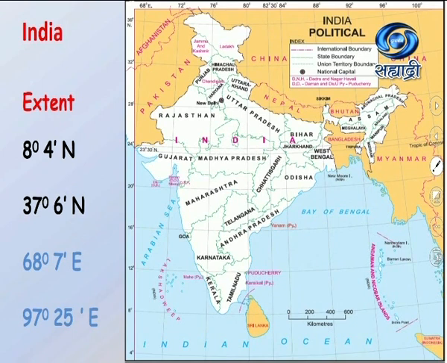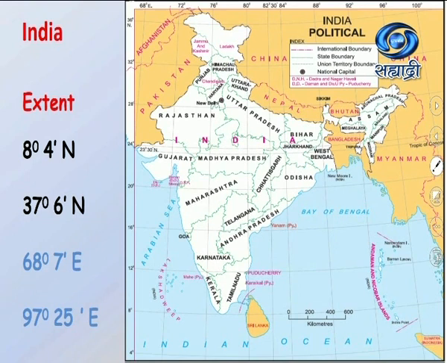Then it lies between 68 degrees 7 minutes east and 97 degrees 25 minutes east. Why? Because it lies in the eastern hemisphere too.